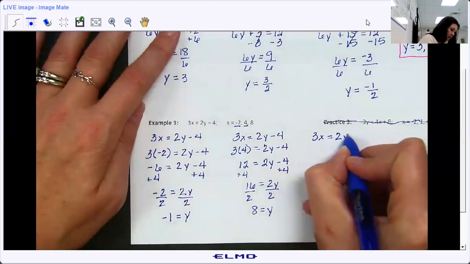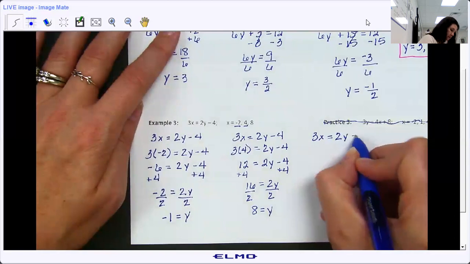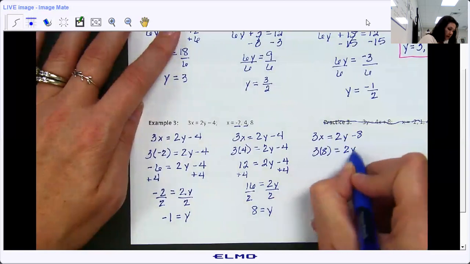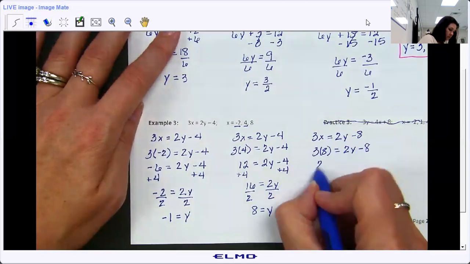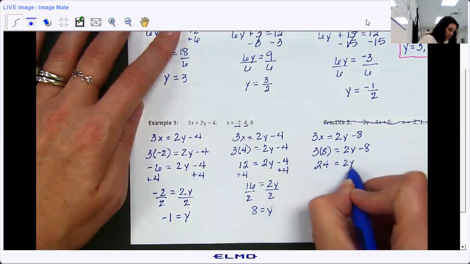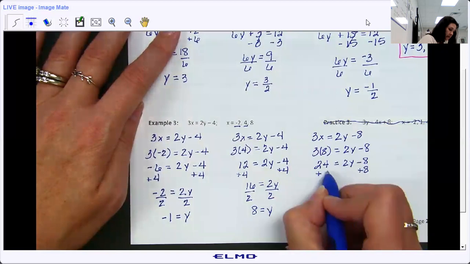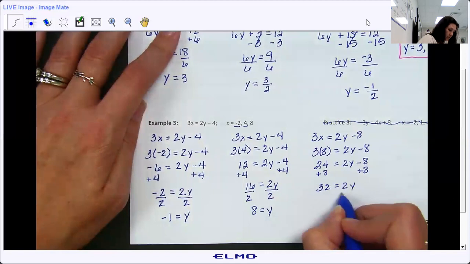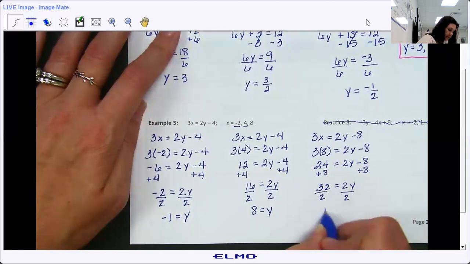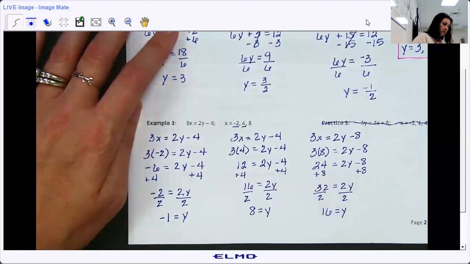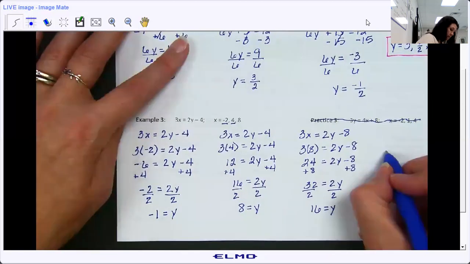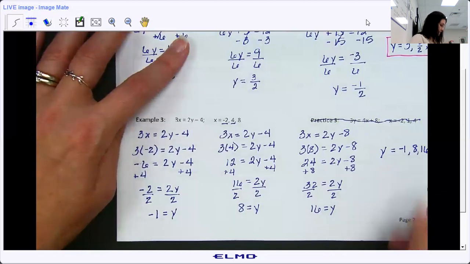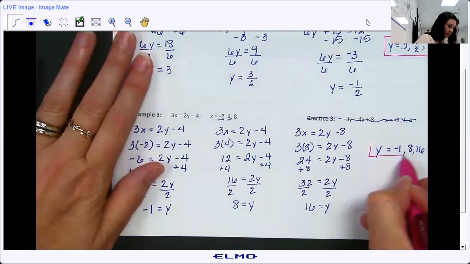Now, what is y when x is 8? So if x is 8, we're going to figure out what that y is. 3 times 8 is 24. Then we add 8 to both sides, and we get 32 equals 2y. We divide by 2, and we get 16 equals y. So the answer to this example 3 is that y equals -1, 8, and 16, based on the given values of y.